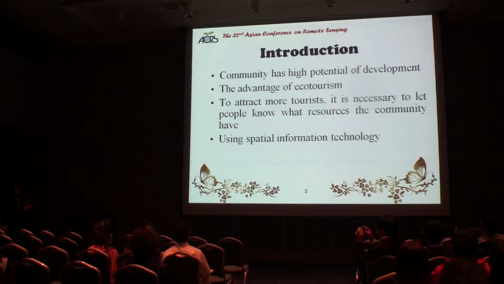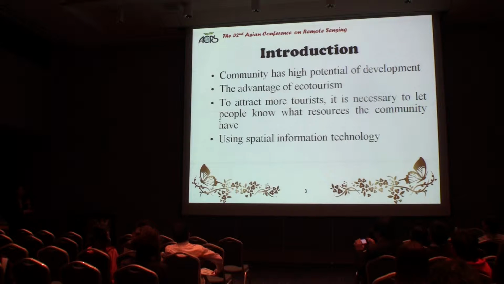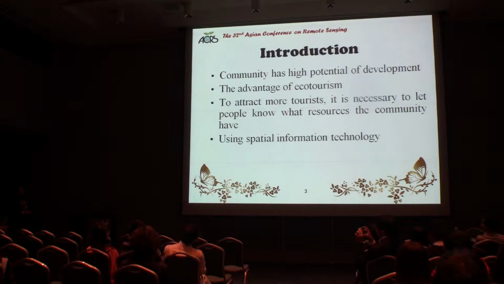But if we want to attract more tourists, it's necessary to let people know what resources the community has. By using spatial information technology or GIS, we can collect data conveniently, and the geospatial data can be used for various applications. Finally, all the data can be displayed on computers.